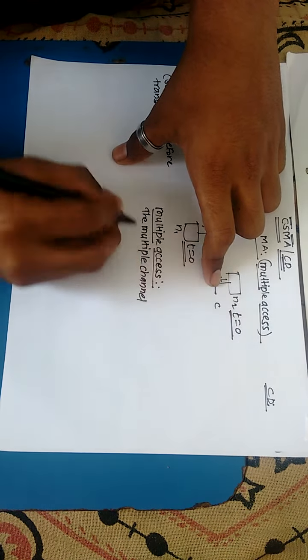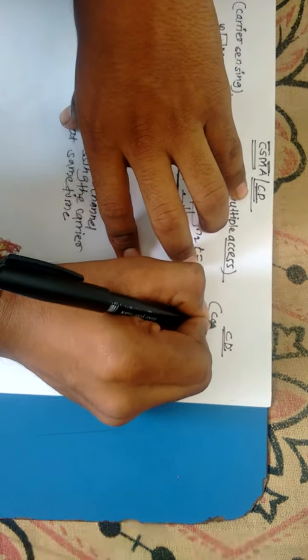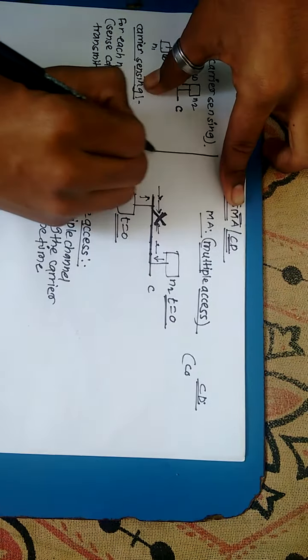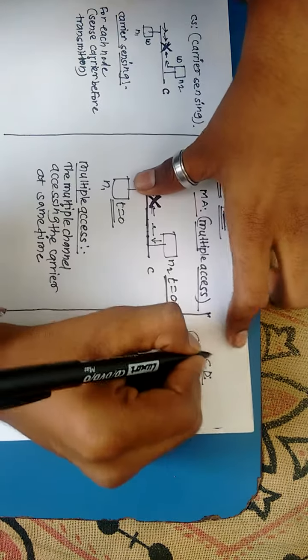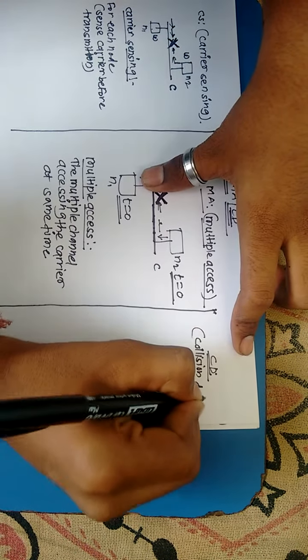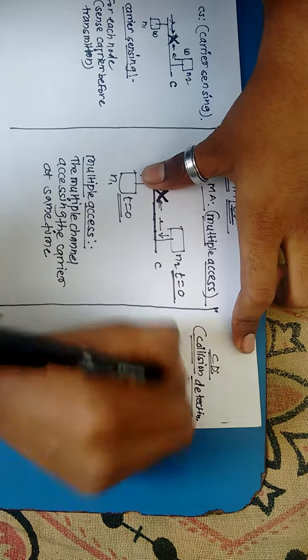Now let's see CD. CD means collision detection.